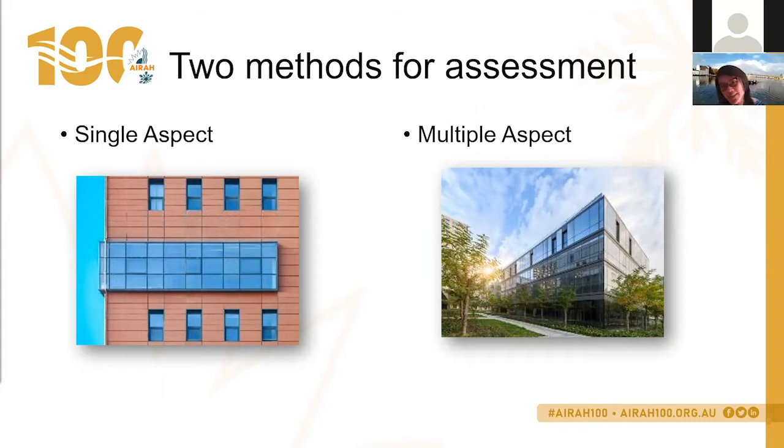The second method, where we look holistically at the whole building, is a bit like taking the same recipe and taking ingredients in and out. For example, you could substitute eggplant for zucchini and still end up with the same good tasting curry, and it's still high performance.